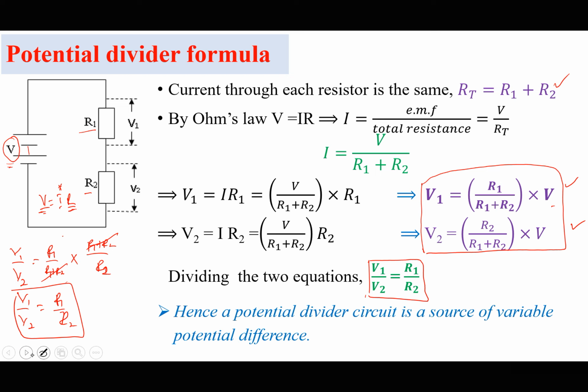Hence, a potential divider circuit is a source of variable potential difference. When someone talks about a potential divider circuit, it is simply a source where the PD can be varied.